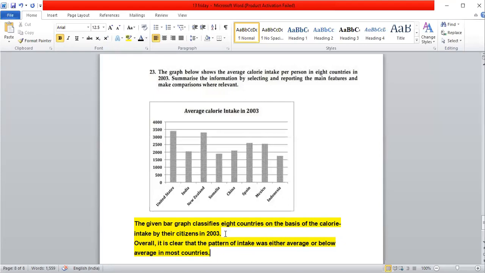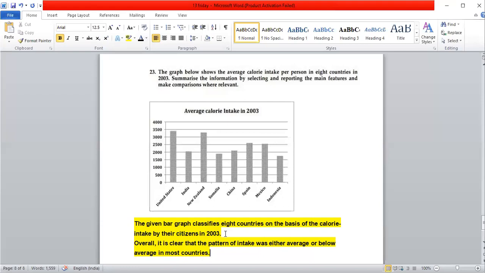I'm not telling the names of the 8 countries: United States, India, New Zealand, Somalia, China, Spain, Mexico, because you are going to say that in the coming paragraph, so I don't need that. And then the overview picture. Overall, it is clear that the pattern of intake was either average or below average in most countries.